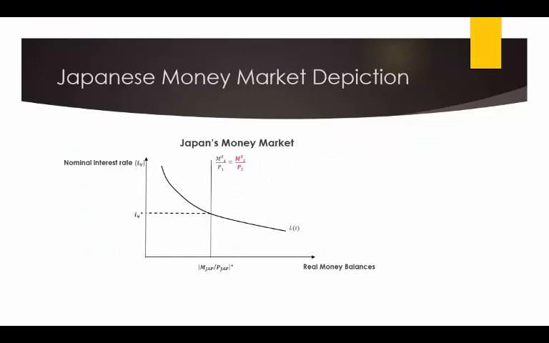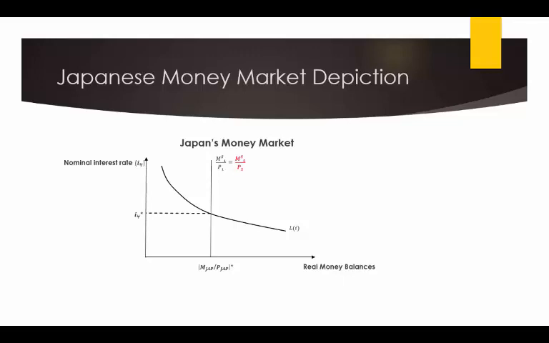We show this in graph form here. First, in the Japanese money market. Initially, it's in equilibrium at I star. Then the monetary authorities increase money supply from MS1 to MS2. However, the price level adjusts immediately as prices are fully flexible in the long run from P1 to P2 by the same proportion, so that real money supply stays the same.